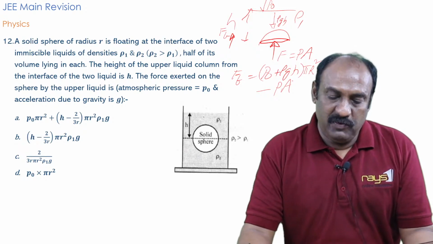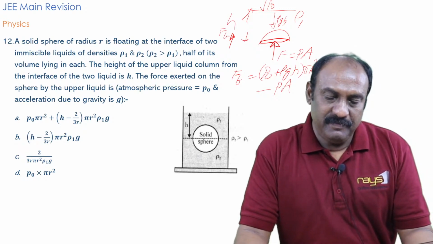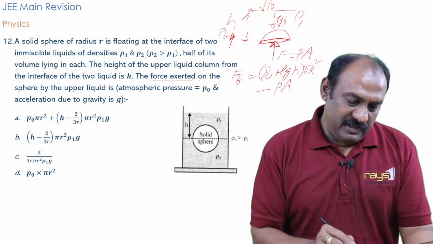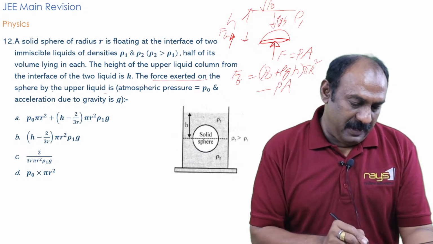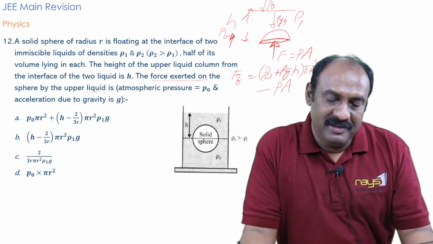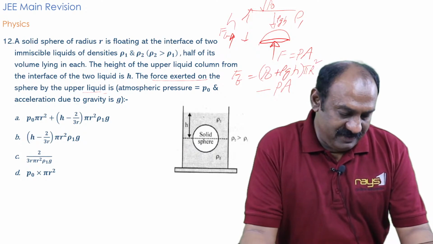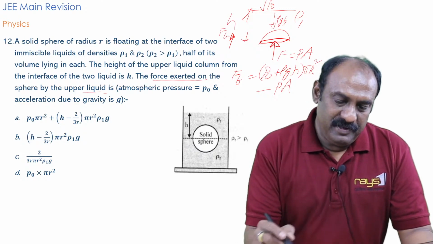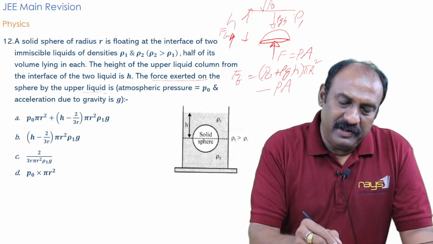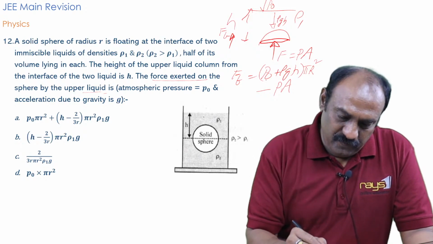So, from this, what do we want here? We want the force exerted on the sphere by the upper liquid. First, we have to calculate the force exerted by the liquid on this one. So, this will be F1, all this one, F1.